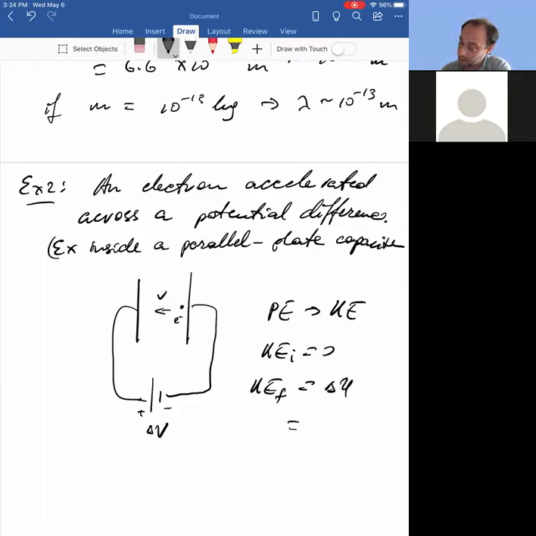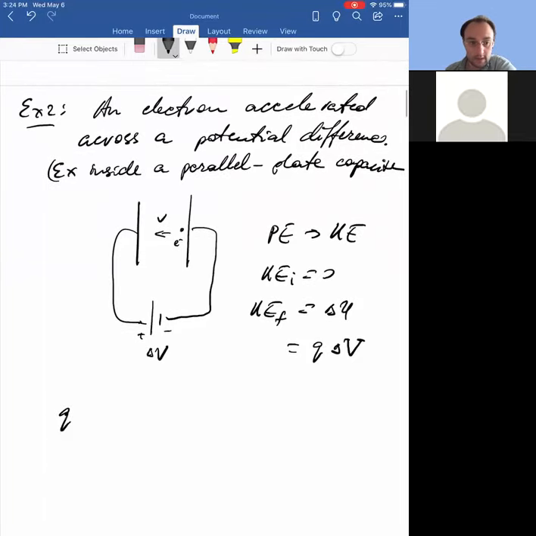What's the change in the potential energy? It's Q times delta V. When an electron goes across a potential difference delta V, its potential energy changes by Q delta V, and so its kinetic energy also changes by Q delta V, or minus Q delta V, right? And so if it started with 0 kinetic energy and it goes towards the positive plate, it will acquire this much kinetic energy. Okay, so we have Q delta V equals 1/2 mv final squared.